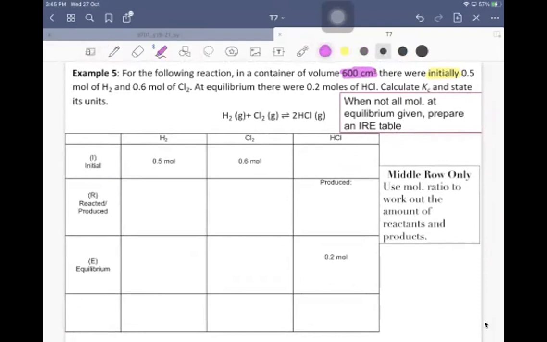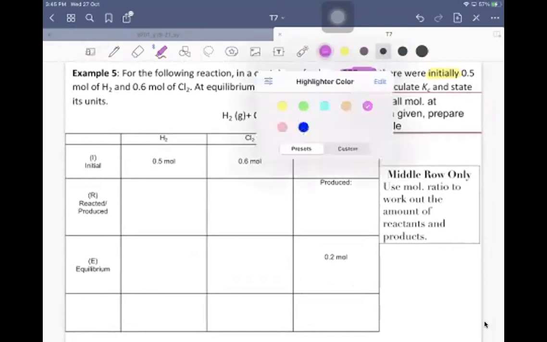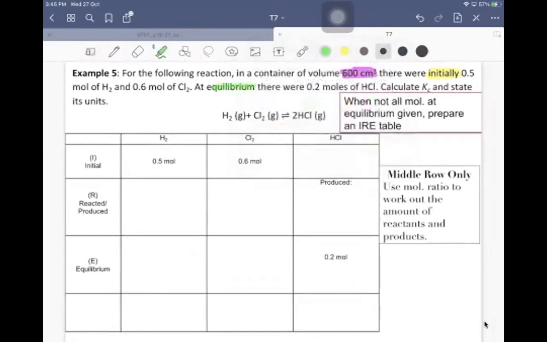At equilibrium, so you've got initial numbers and you've got equilibrium numbers, there were 0.2 moles of HCl. Calculate Kc and state its units.